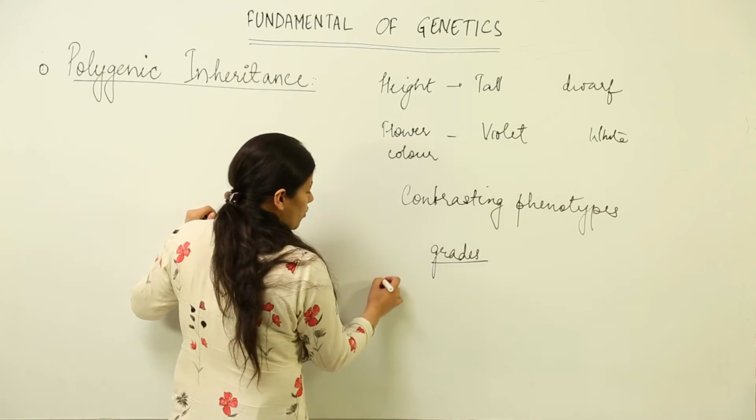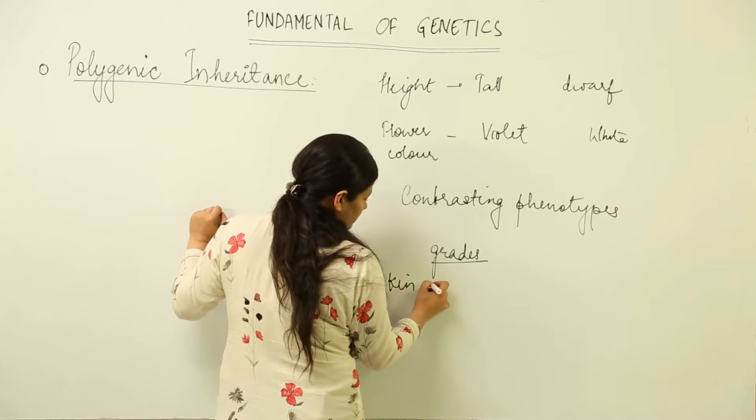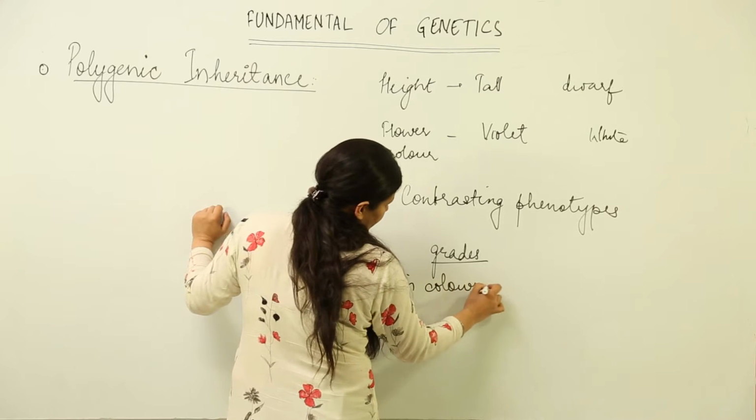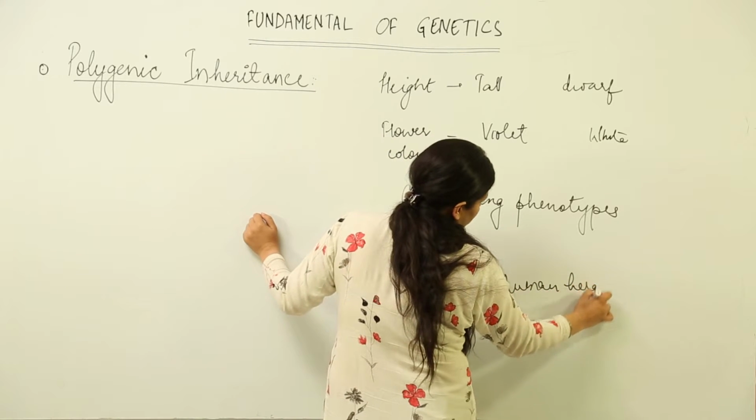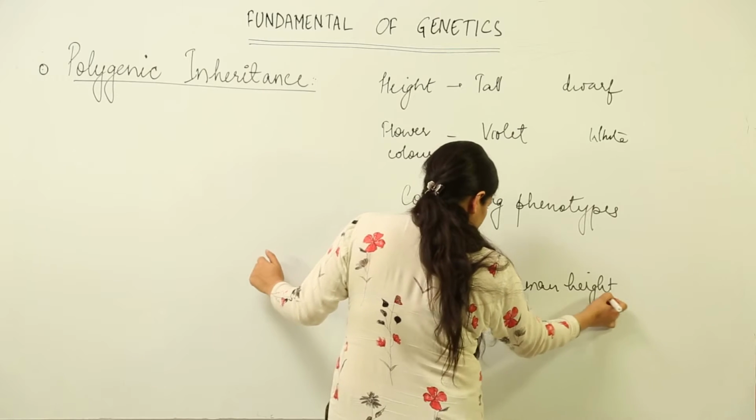Take the example of skin color. Take the example of human height. These are two simplest examples that you can observe.